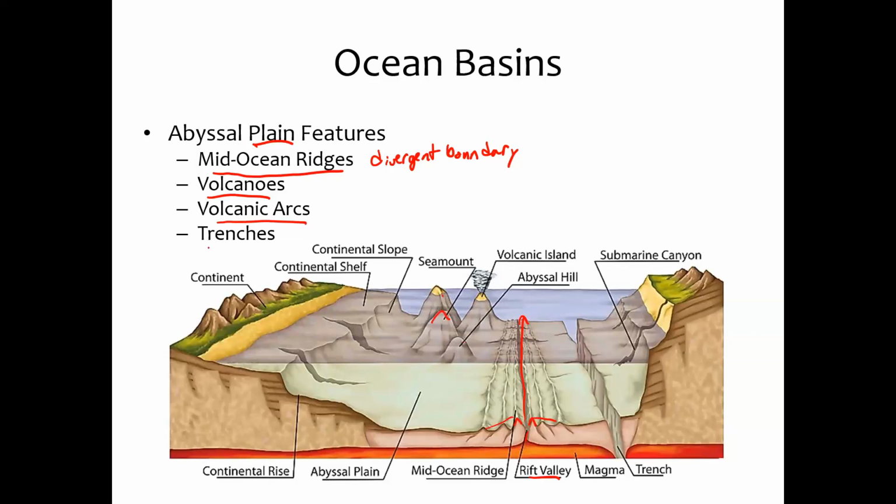And you'll also find trenches, places near maybe some of those volcanic arcs or near where ocean-continent convergence happens. And those trenches are places where one of the oceanic plates is diving deep below the other plate, and the deepest parts of the ocean actually occur at those convergent boundaries along those trenches, those places where one plate is subducting under the other one.